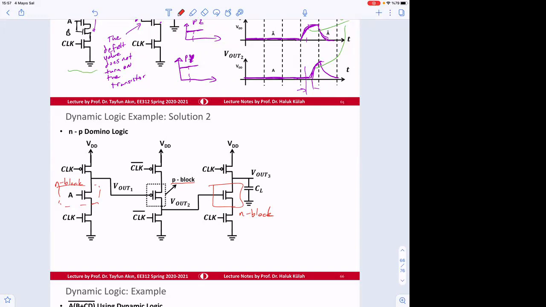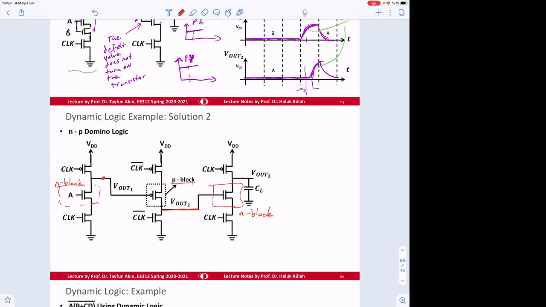So the default value here, which was high, is keeping the next gate turned off. So next gate is going to be off. Since this is the P block, then we take the output from here.